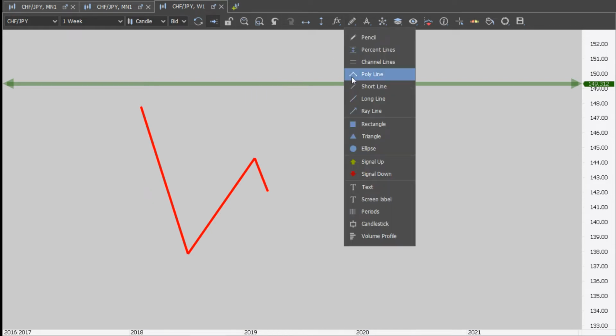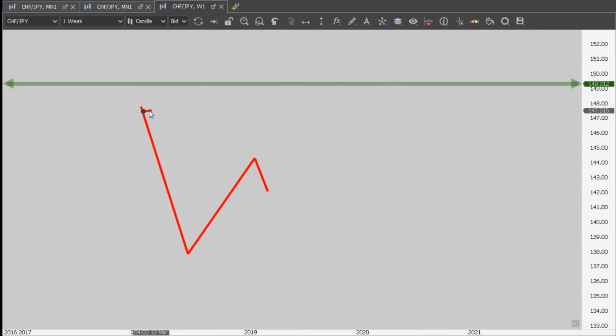If this is the structure, you have the extension, and you are going to see the extension and the retracement. You are going to see the change in the short-term trend, right?